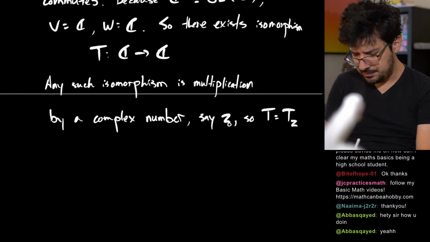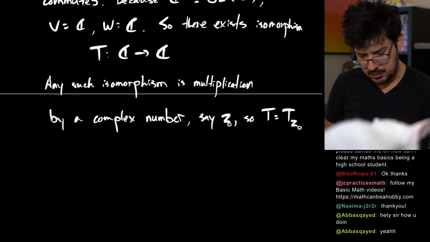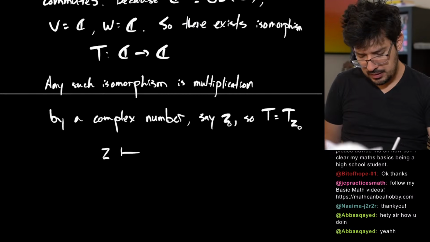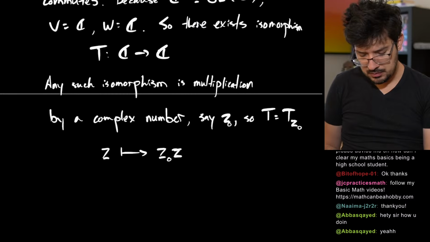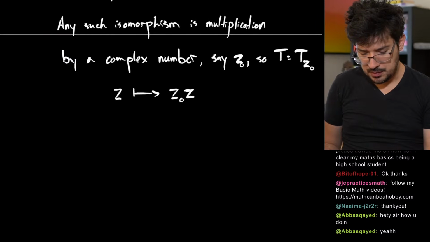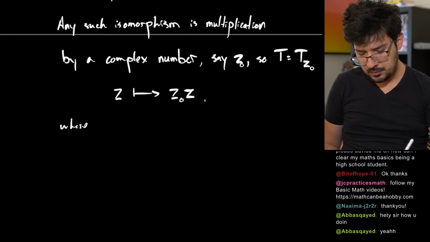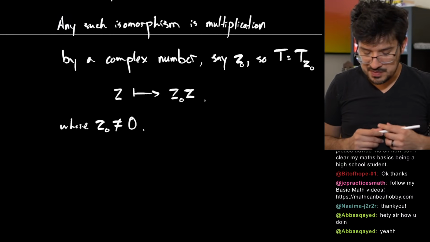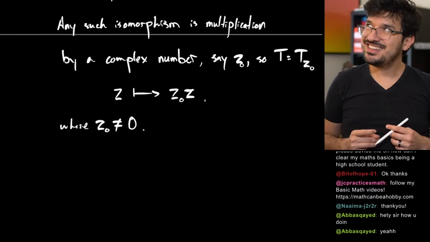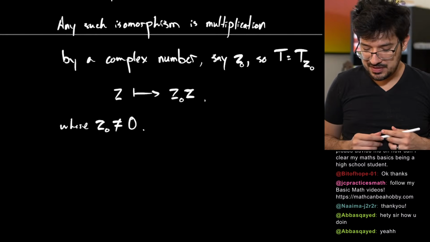Let's call it Z naught, so that any complex number is mapped to a multiple of the complex number, where Z naught is not equal to 0. I don't love Z naught not equal to 0, because we've got a lot of Z's.